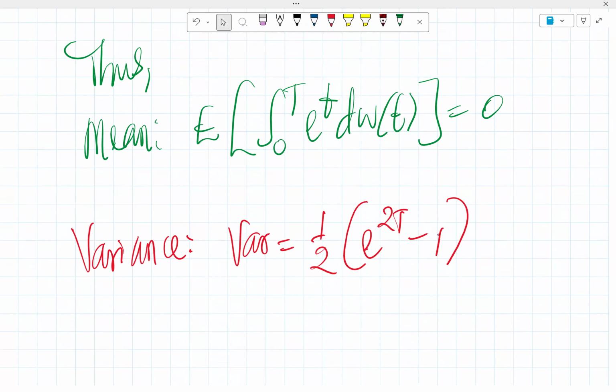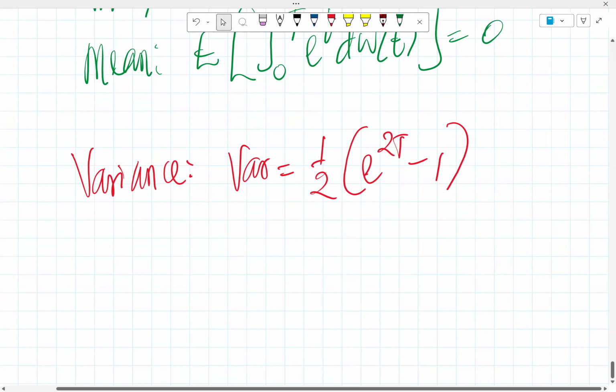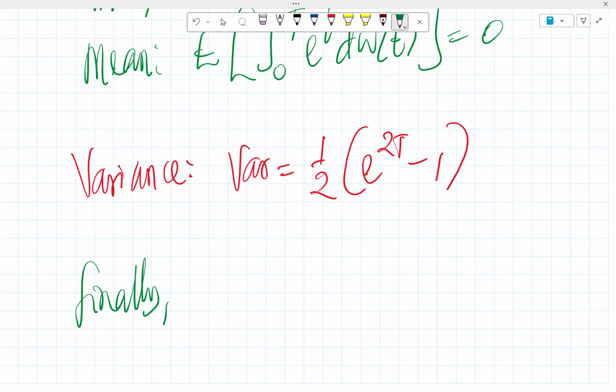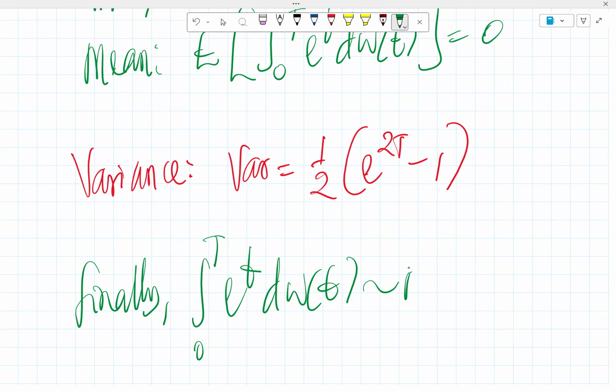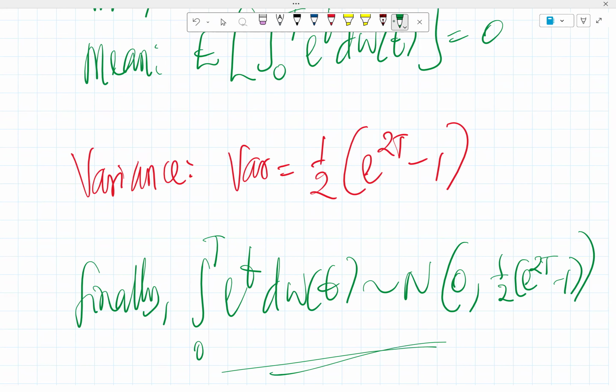So finally, the integral from 0 to T of e^t dW(t) is normally distributed with mean 0 and variance half times e^(2T) minus 1. And that's how that ends.